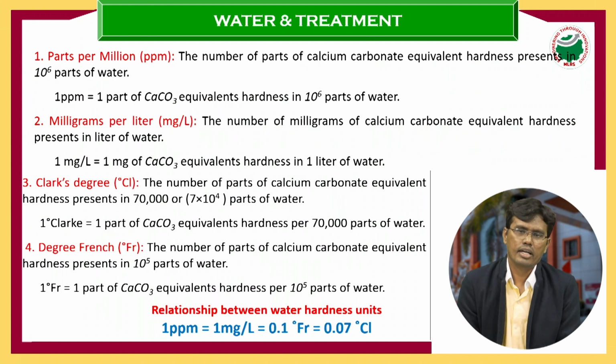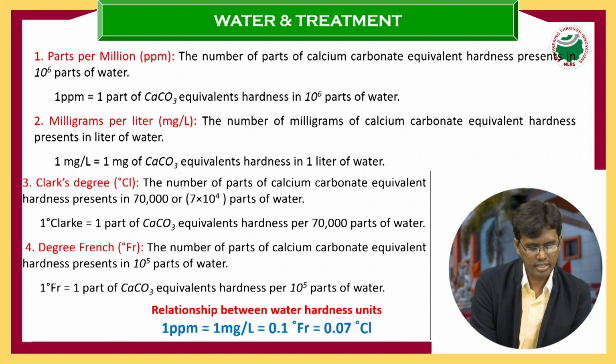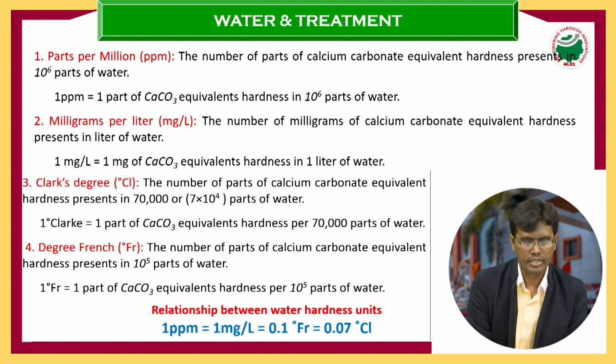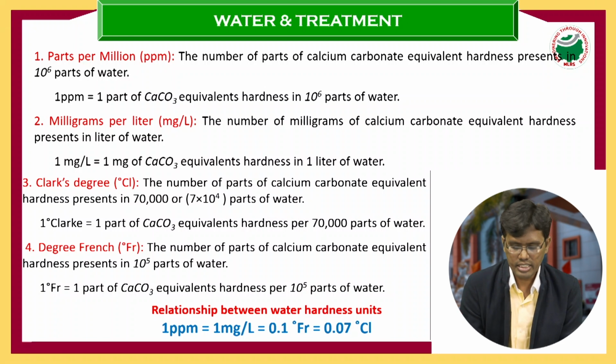Next, what are the units of hardness of water? There are 4 types of units: ppm, milligram per liter, degree of Clark, and degree of French. Here is parts per million, ppm: the number of parts of calcium carbonate equivalent hardness present in 10 to the power of 6 parts of water.